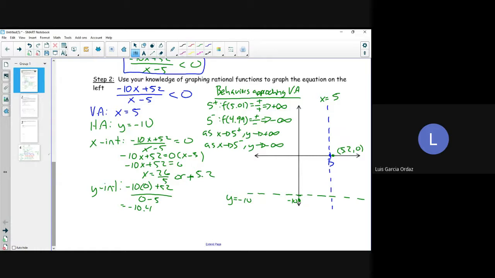So as x approaches 5 from the right, y is going to approach positive infinity. And as x approaches 5 from the left, the y's are going to approach negative infinity.